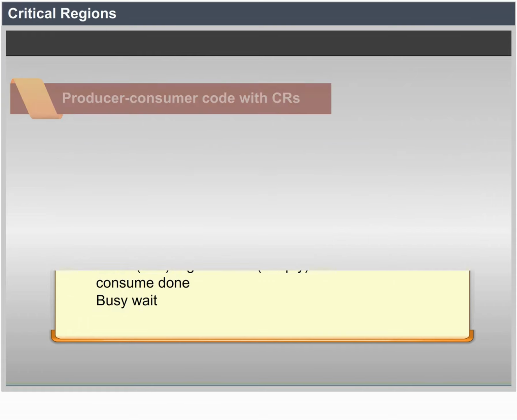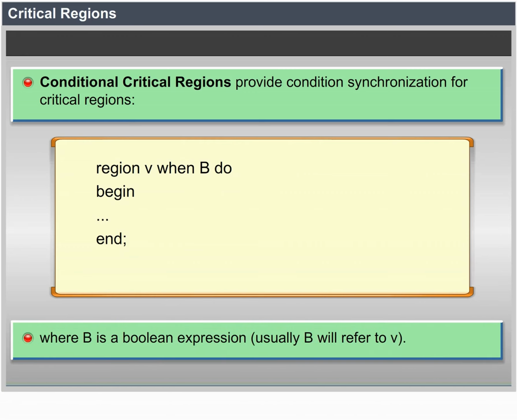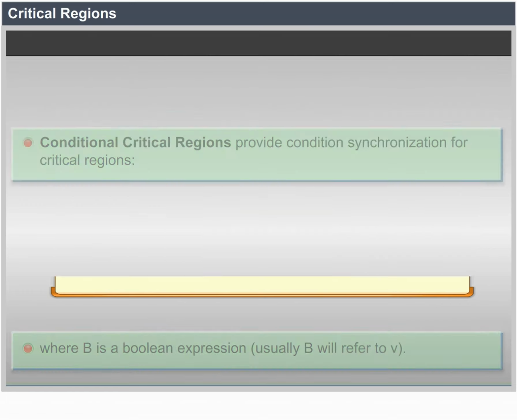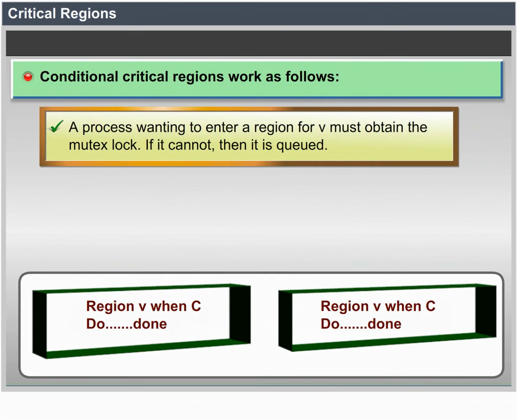Conditional critical regions provide condition synchronization for critical regions. Where B is a Boolean expression, usually B will refer to V, conditional critical regions work as follows. A process wanting to enter a region for V must obtain the mutex lock.